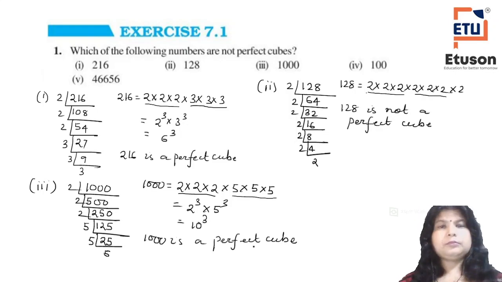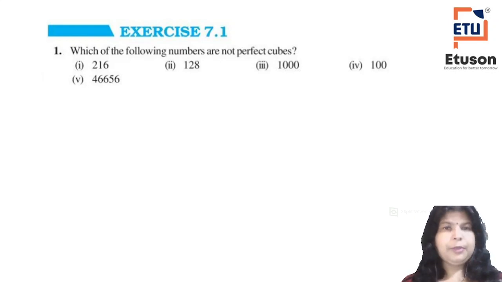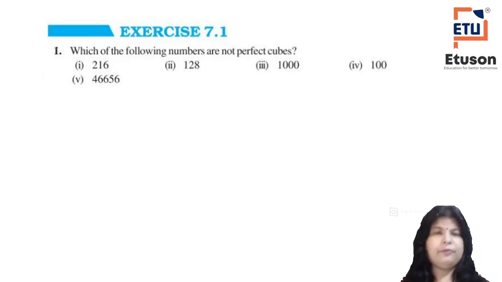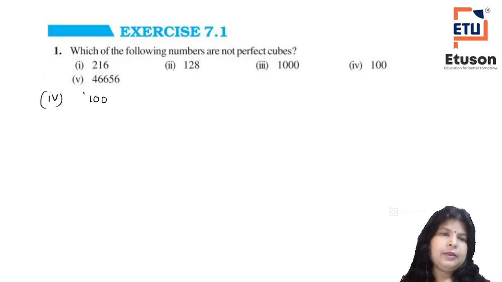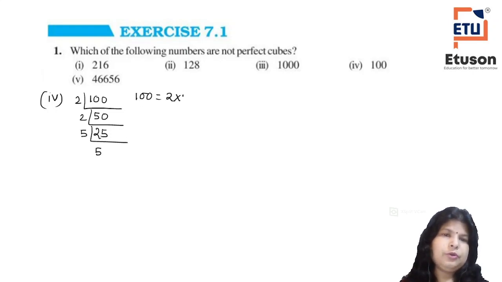So now let us go to bit 4 and bit 5. In bit 4 you have 100. Let us find out the prime factors of it. Divided by 2, 50. Divided by 2, you get 25. Divided by 5, you get 5. So 100 is equal to 2 into 2 into 5 into 5.